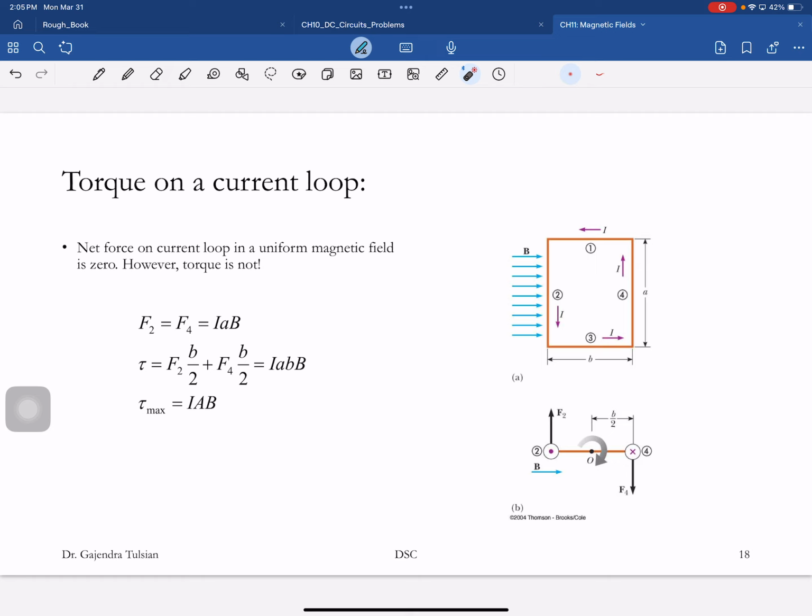Okay, so let's make sure we understand this. So we'll pass a current through this, like this, and the magnetic field is, okay, well, let's follow this diagram.